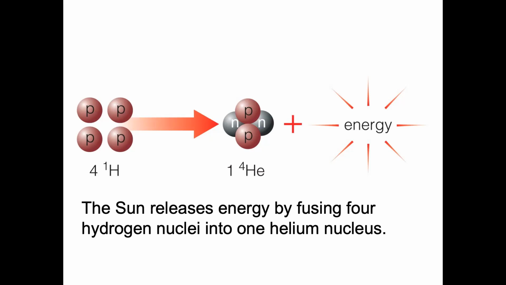How much mass are we starting with? Thank you, Jasmine. We're starting with 4 mass units, okay? When we put them all together and we've created our 1 helium atom, what is the mass of that helium atom?